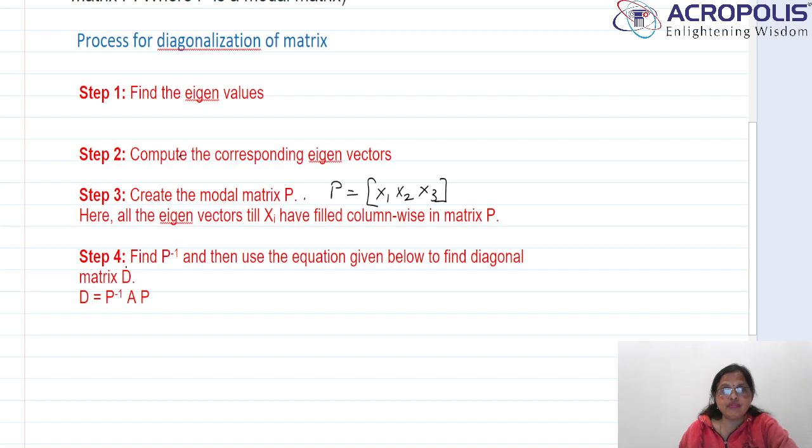Now, step 4, find P inverse with the help of any method, whether it is the Cayley-Hamilton theorem or the formula method. Then use the equation D is equal to P inverse AP, that is, D is the diagonalized form of A. So now let us see an example.